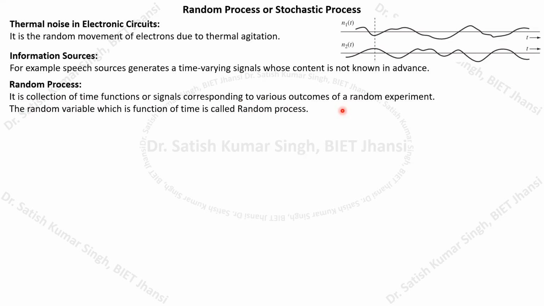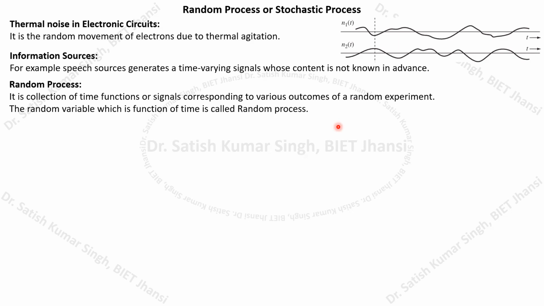If you remember, when I was discussing the random variable, I said that if we conduct a random experiment, the outcome of that experiment is assigned a particular real number. Assigning those outcomes as real numbers is called a random variable.